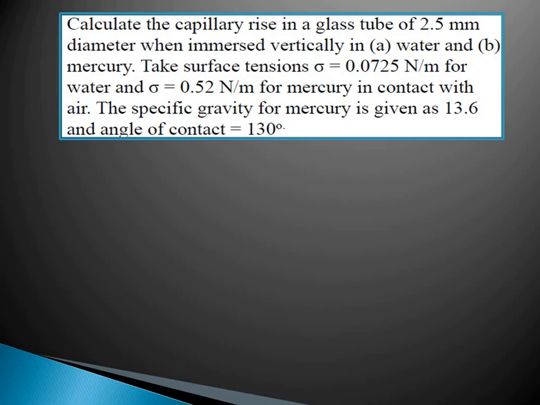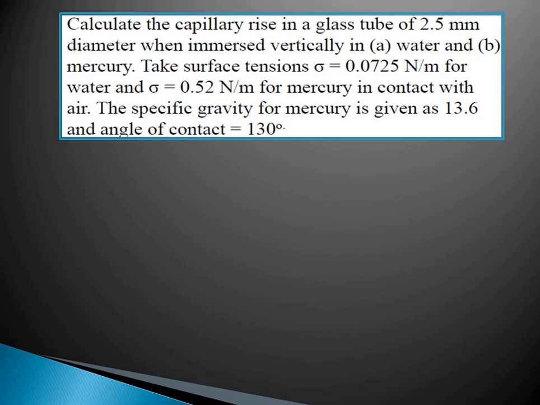Consider the surface tension sigma equal to 0.0725 Newton per meter for water and sigma equal to 0.52 Newton per meter for mercury in contact with air. The specific gravity of mercury is given as 13.6 and the angle of contact is 130 degrees.